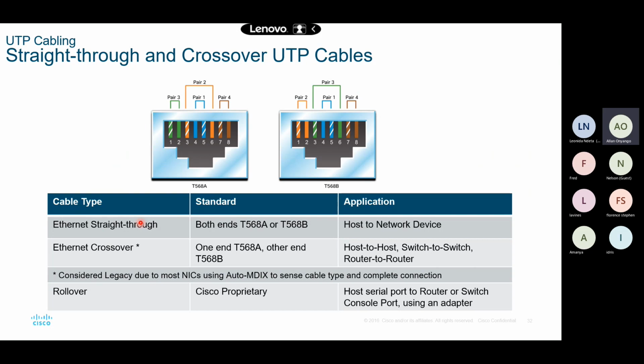Copper crossover connects same devices, the ends are different. Copper straight-through connects different devices, the ends are the same. I know that takes time for my students to understand, but I believe you people have gotten it already.